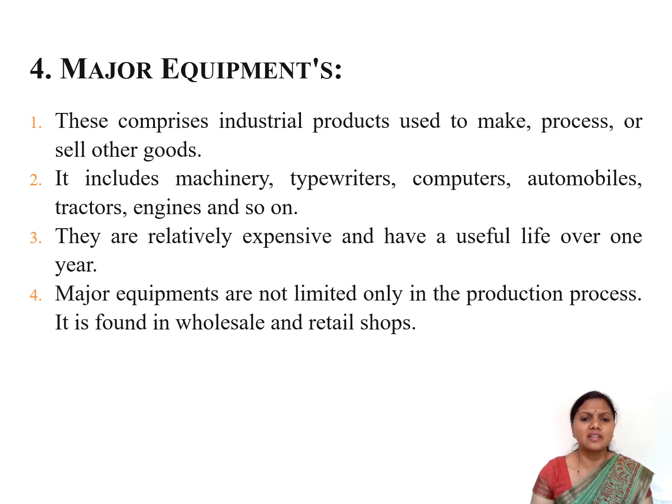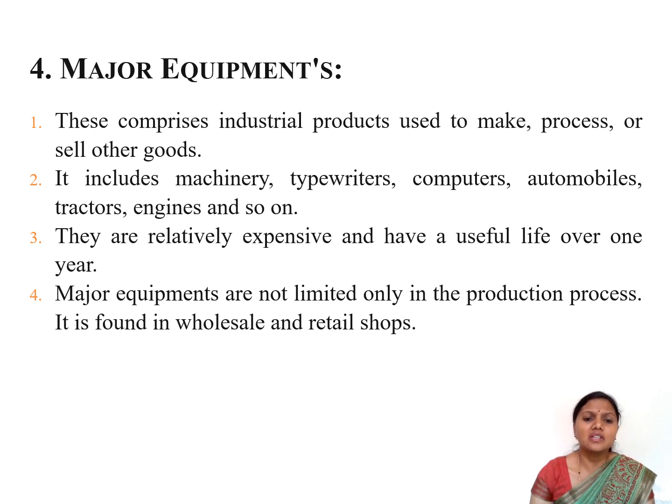They are relatively expensive and have a very useful life over a period of time. That is, once you purchase, it will be used for many years. So it is very expensive. Major equipments are not limited only to the production process.